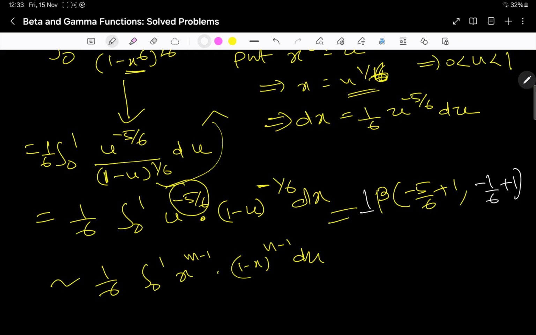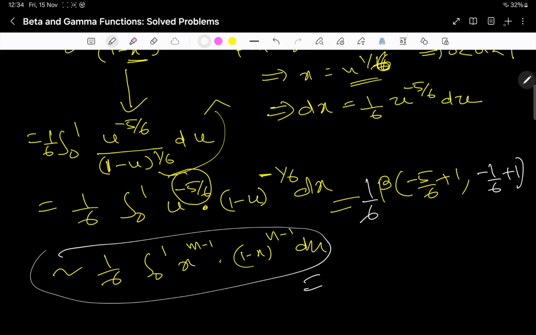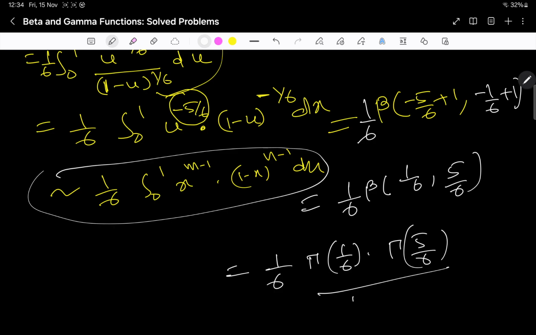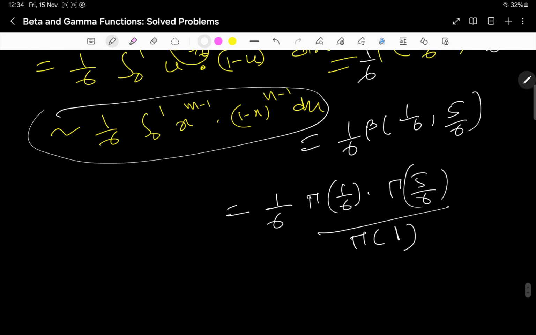And then 1 by 6 is here. So this will be 1 by 6 beta of 1 by 6 and 5 by 6. Then coming to the gamma, it is 1 by 6 gamma 1 by 6 into gamma 5 by 6 divided by gamma m plus n, that is 1. Okay, now you use the formula here.